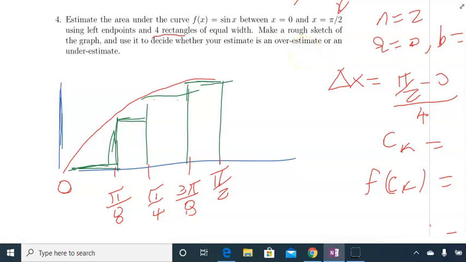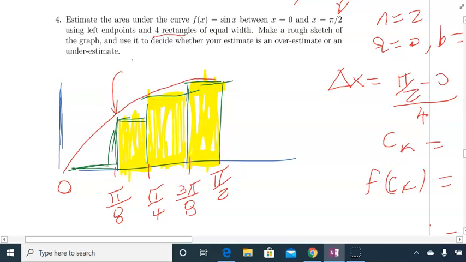So here we've made a sketch of our rectangles. Make sure we're keeping them above the x-axis, and the left edges are just touching the graph of f of x equals sine of x. It's a little bit rough, as you can see. So this is your f of x equals sine of x.